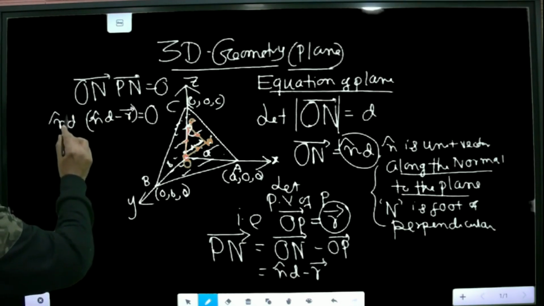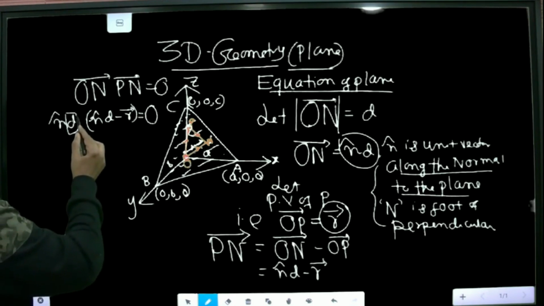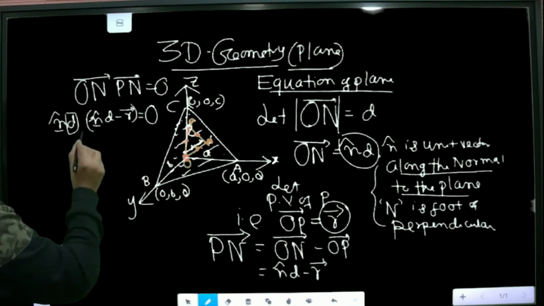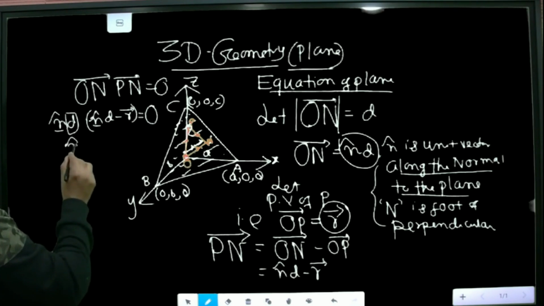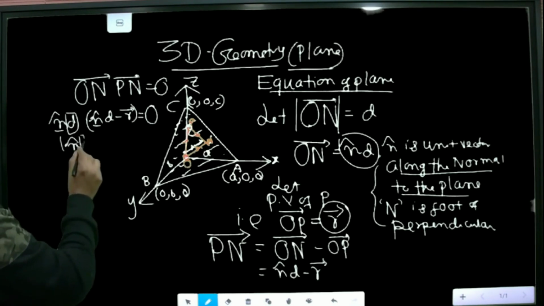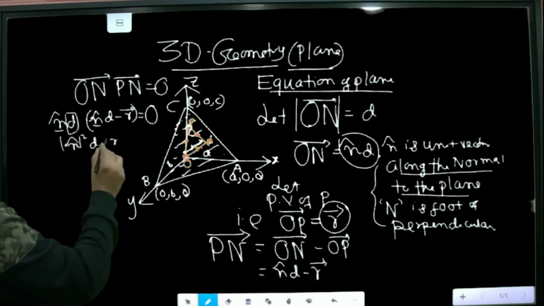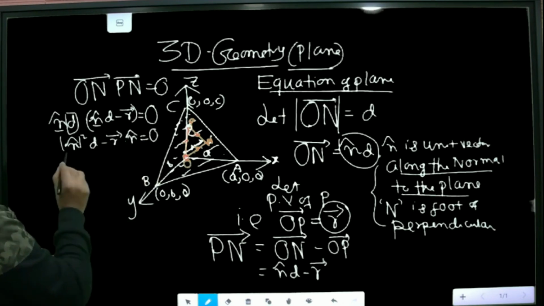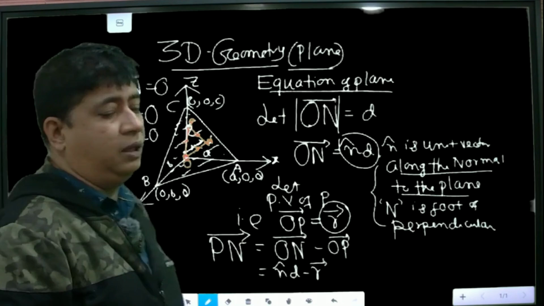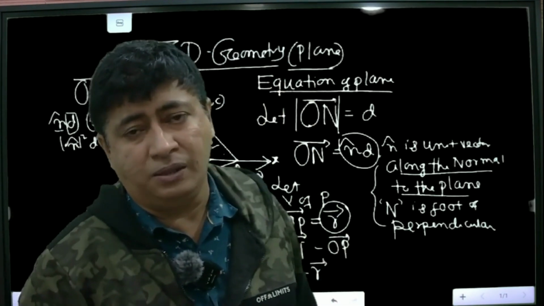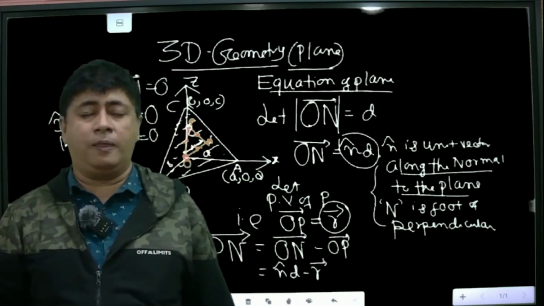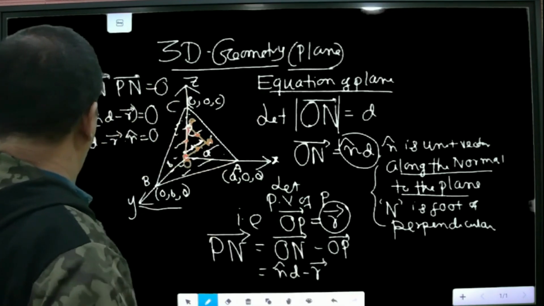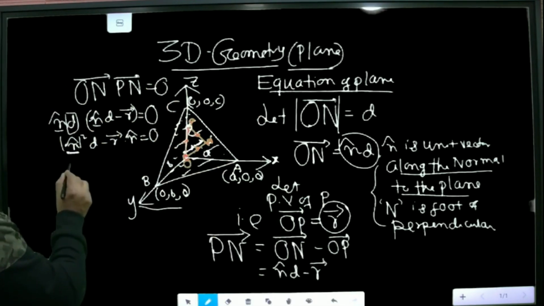Now, d is a scalar value. It will be dropped from both sides. And n cap dot n cap, n cap is unit vector. Therefore, its magnitude is 1.